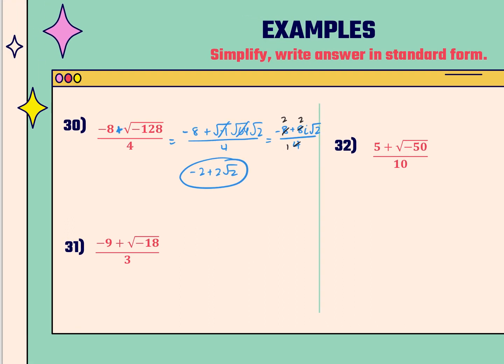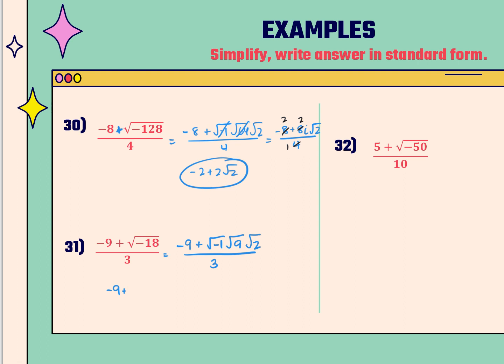So that's my final answer. When I get to 31, again, the same thing. I'm going to simplify that numerator, -9 plus... I can already just put the i, but I'll do it in pieces. So -1 times 9 times 2, that gives me -18, all over 3. I'm just going to start chipping away here.